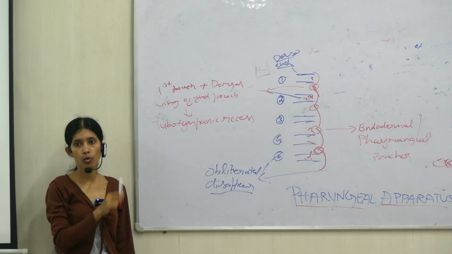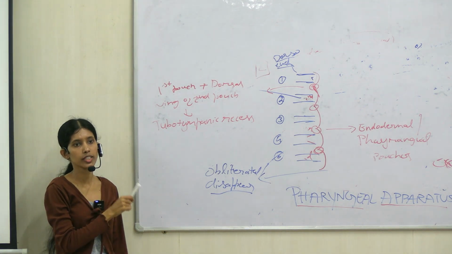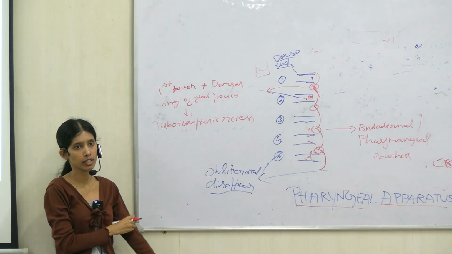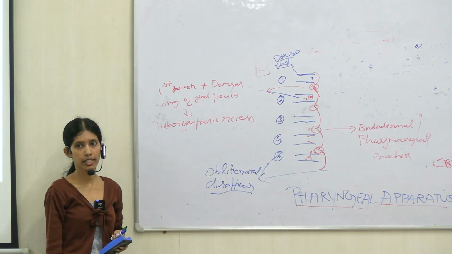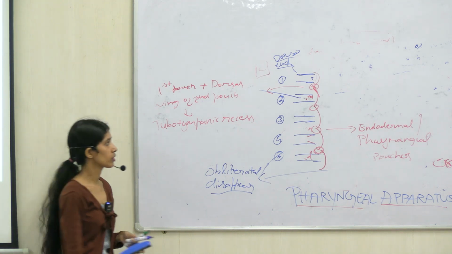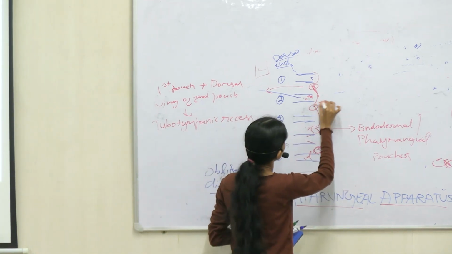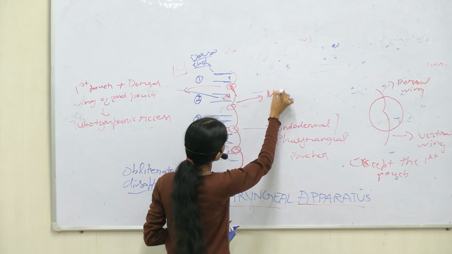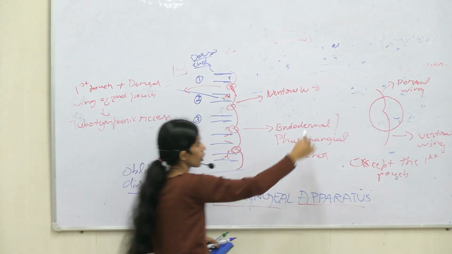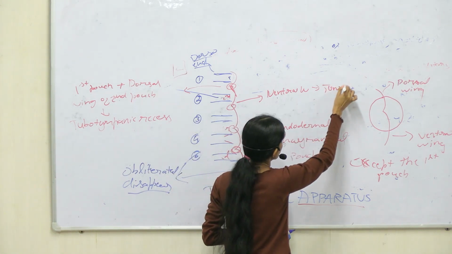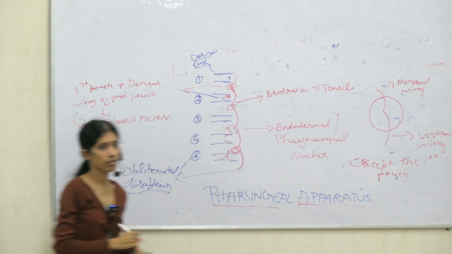The whole first pouch along with the dorsal wing of the second pharyngeal pouch give rise to tubotympanic recess. Any doubts? And the ventral wing give rise to tonsil.